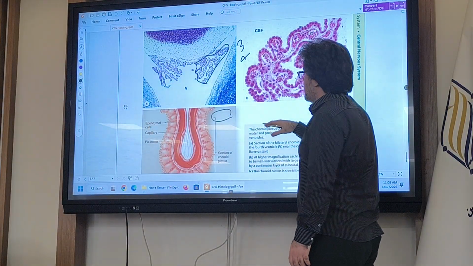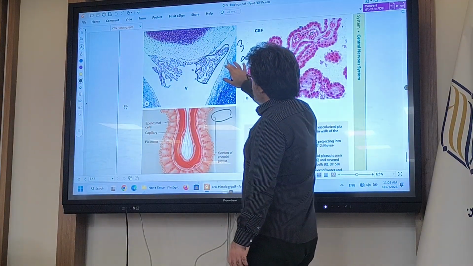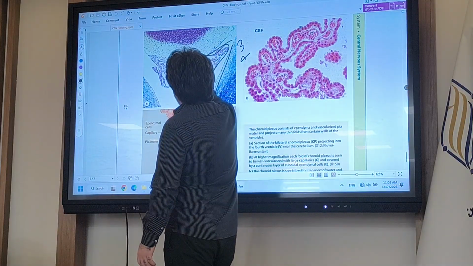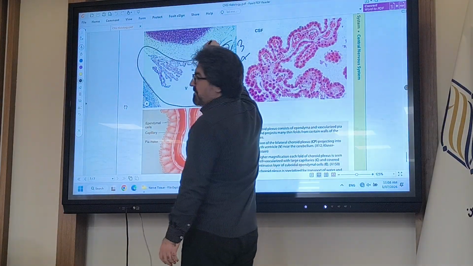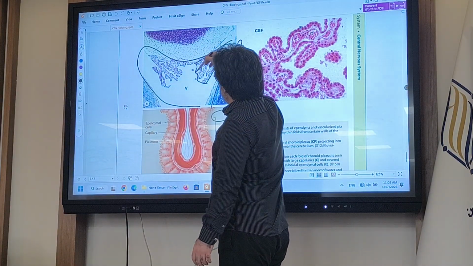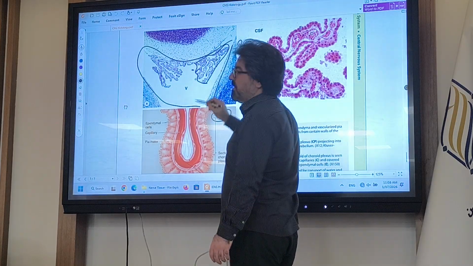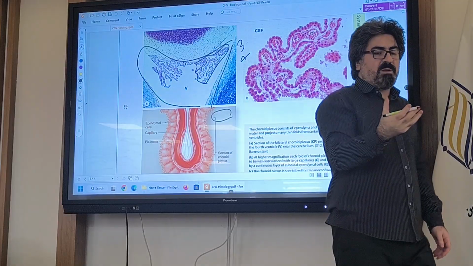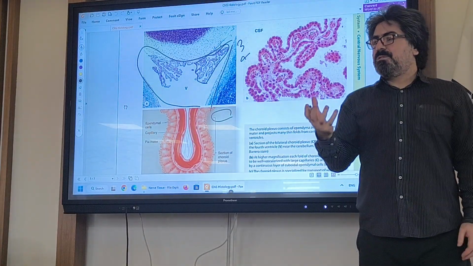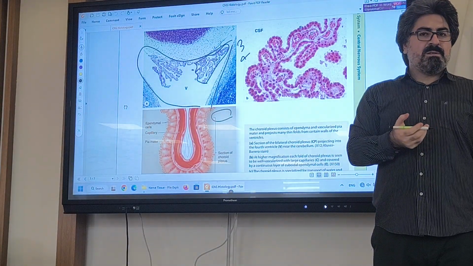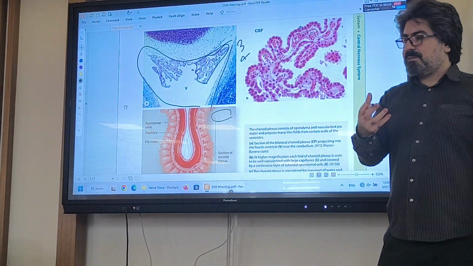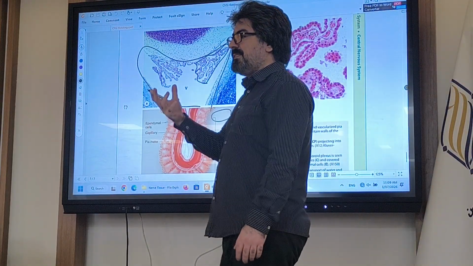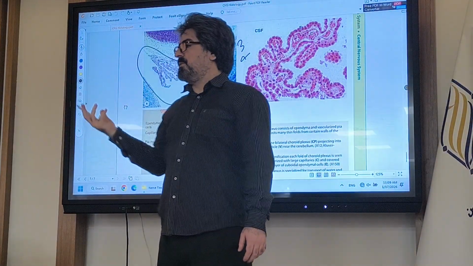Just focus on the tissue. At the roof of ventricle, this is a ventricle, okay? At the roof of ventricle, there is a tissue known as choroid plexus. The function of choroid plexus is to produce and secrete CSF, cerebrospinal fluid.